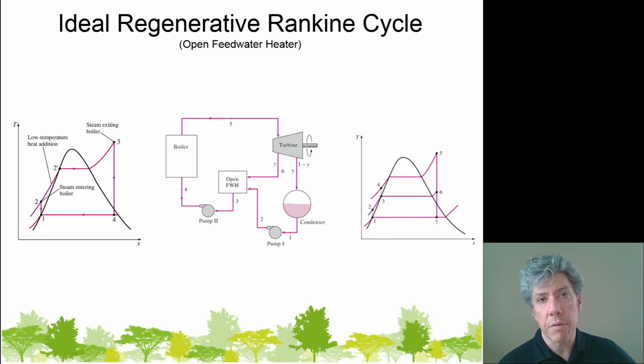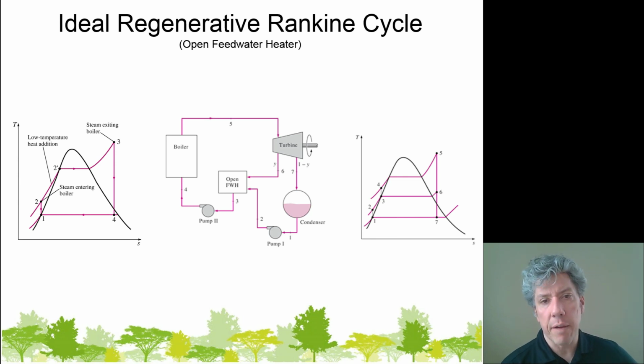From state 2 to state 3, that move is accomplished by simply mixing the bleed steam in with it. And we end up, if we control this right, we can make state 3 end up on the saturated liquid line, maximizing the effectiveness of the bleed steam in raising the temperature of what's coming out of pump 1, stream 2, or state 2. So we end up at state 3.